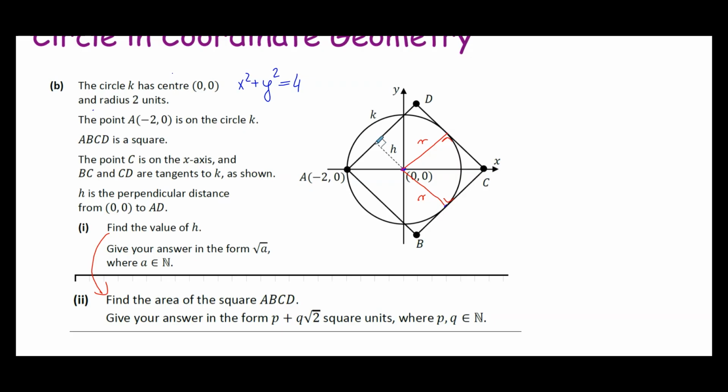From here to here is h, and the other side from here to here is the radius, and we know the radius is 2. So if I find h, I already know the radius, I know the side of the square, and therefore I can calculate the area. That's the reason why the question is divided in those two parts.